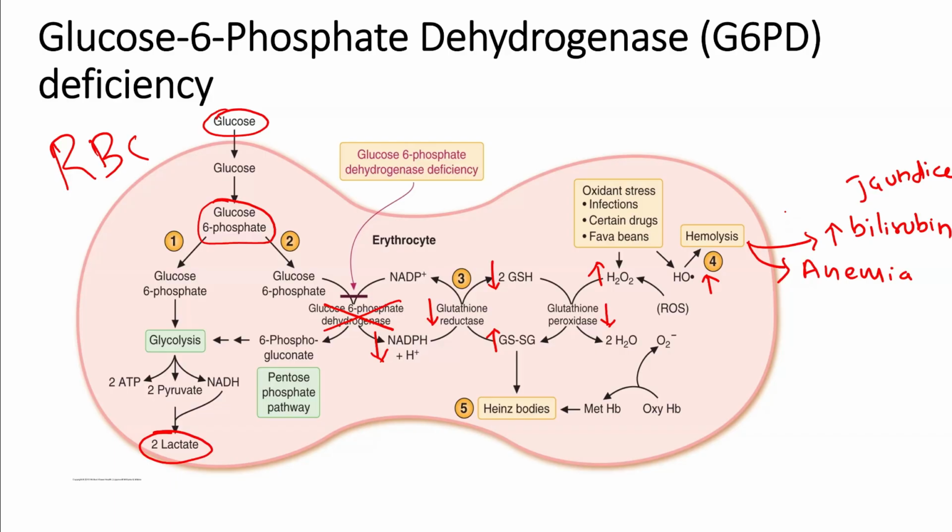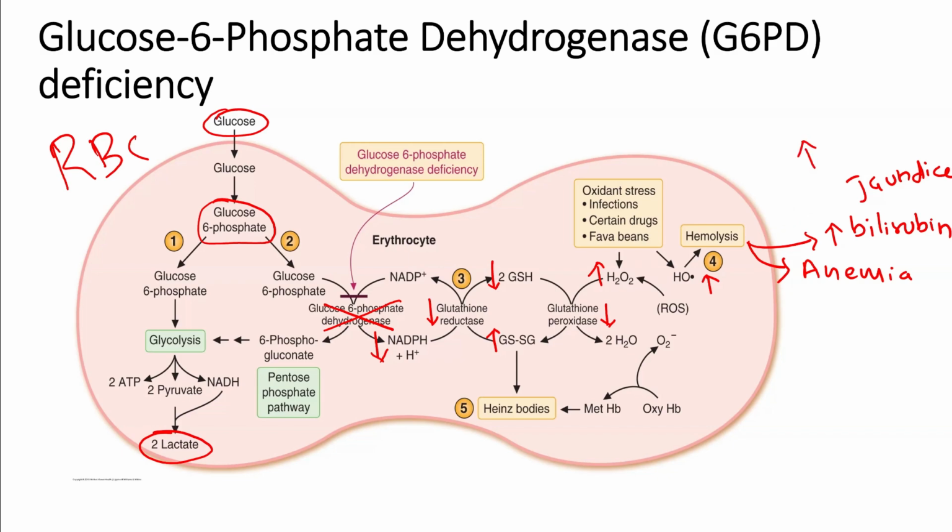And also remember, whenever there is an increase in bilirubin, you may find bilirubin stones in the gallbladder. That is called calcium bilirubinate stones in the gallbladder. I'll write that here. This is applicable to all hemolytic anemias.